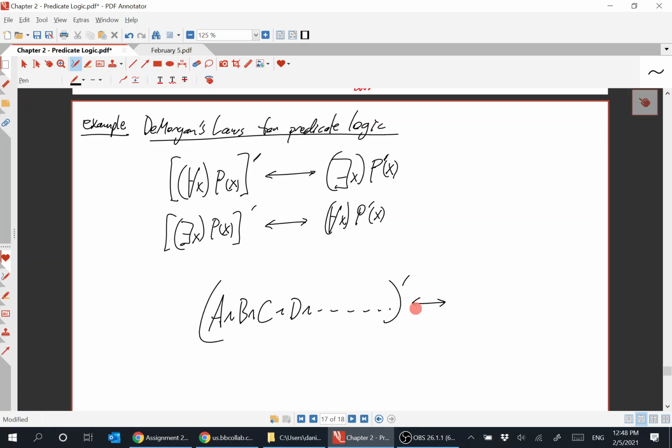Not, in propositional logic, is not A or not B or not C or not D or so on and so forth. So a big conjunction, when you negate it, is a big disjunction of the negation of each term, and vice versa. Right, so that's De Morgan's law in propositional logic, and universal quantification is essentially that.